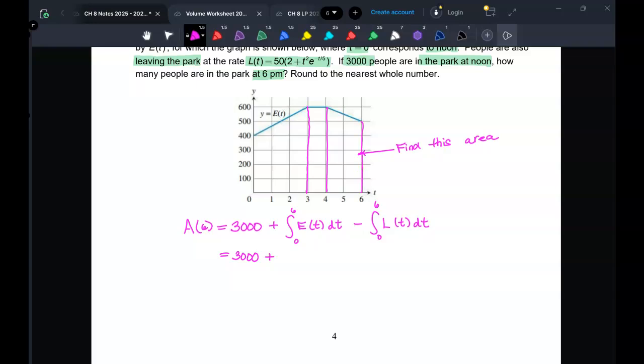This one will be 3 over 2 times 400 plus 600, so that's 1,000 times 3 over 2, so 1,500.